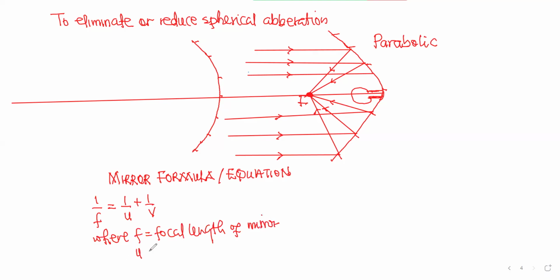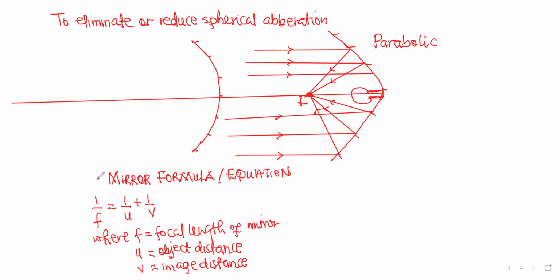U is equal to the object distance. V is equal to the image distance. We'll go through this next week. But why the mirror formula?